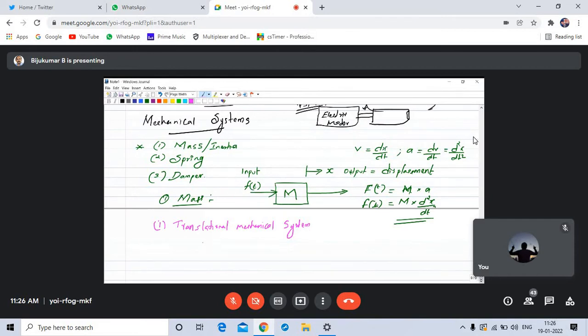In a translational mechanical system, input is force, that's F. Output will be linear displacement, right? Linear displacement can be denoted as X, or there will be linear velocity. That is also one of the outputs of the system that we can represent as V.